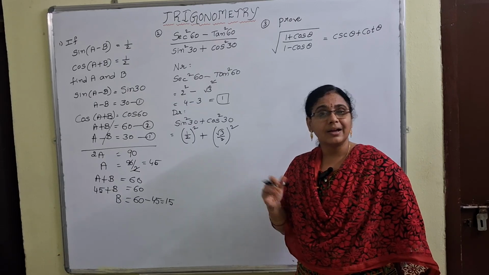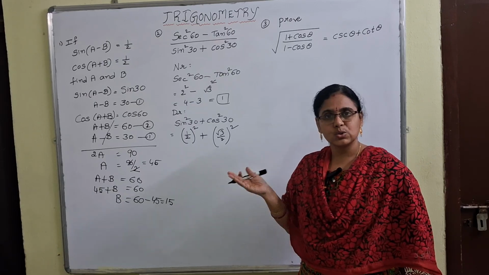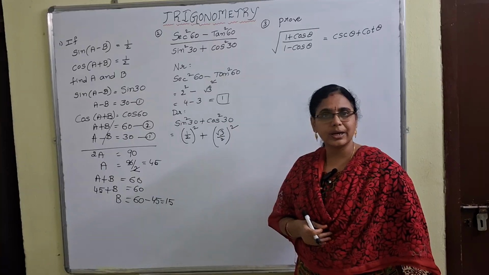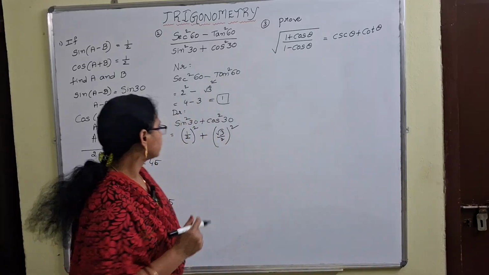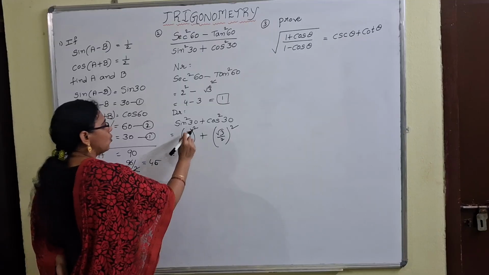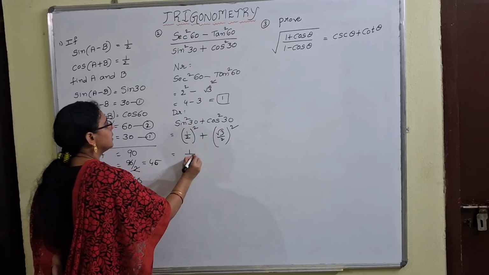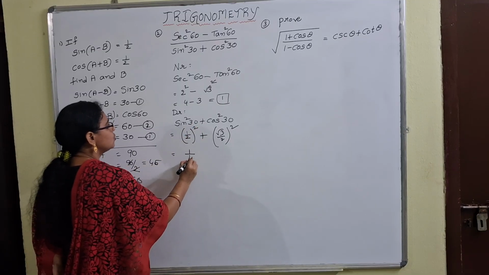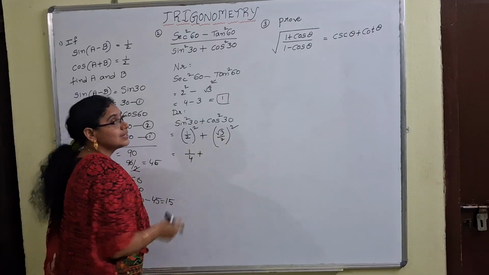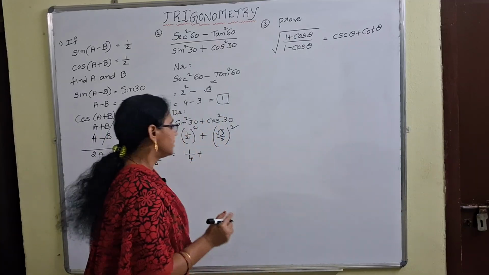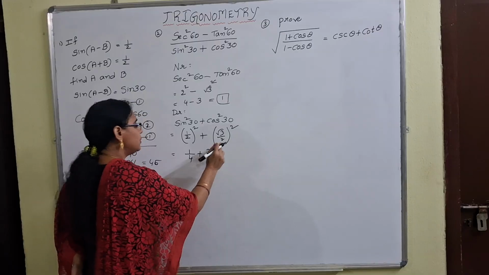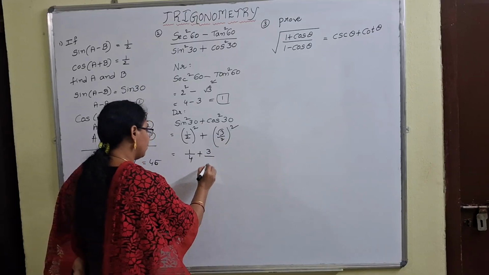Now squaring everything: 1 square, 2 square. Numerator you have to do 2 times, denominator also. So how much will you get here? That is 1 square, 1 ones are 1. 2 square, 2 twos are 4. Root 3 square, square and root will cancel, then 3 is left, by 2 square, 2 twos are 4.